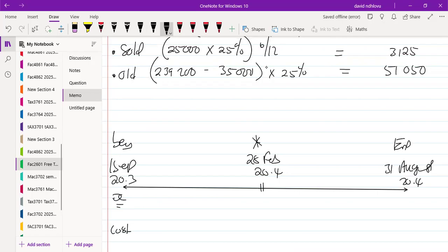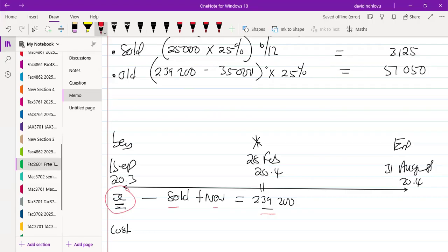So we are saying here, whatever value that we're having here, we removed the sold vehicle, then we added the new, then we got that value there. So that value is the 239,200. This is the value that we have. So to arrive at that value, whatever value that I was having at the beginning of the year, I removed the sold vehicle, I added the new vehicle, then I'm now having 239,200. Are we clear?